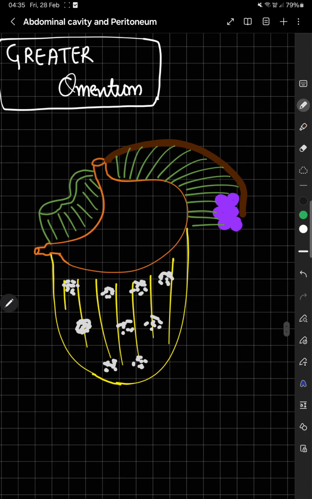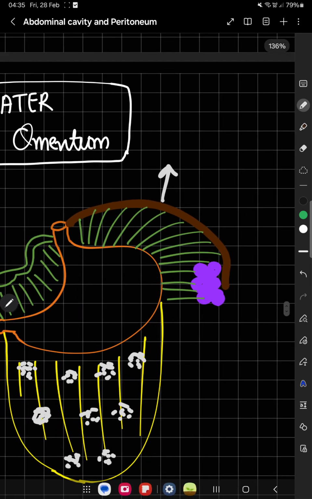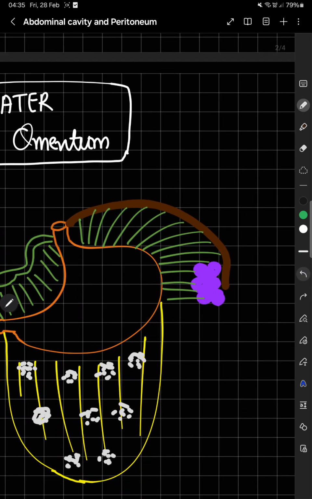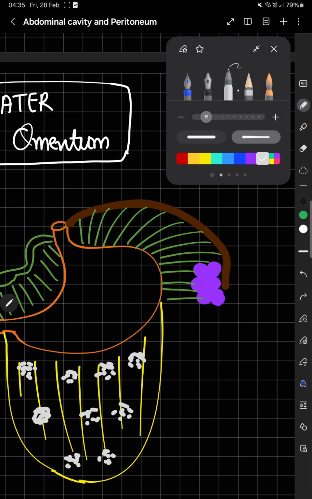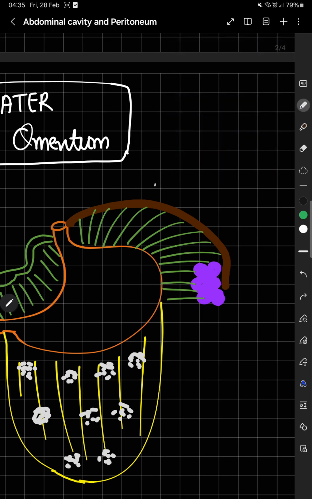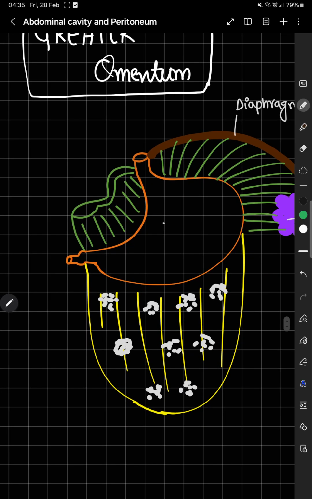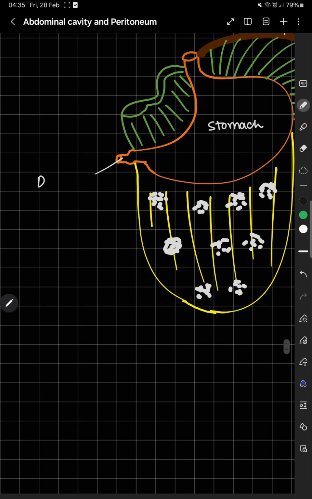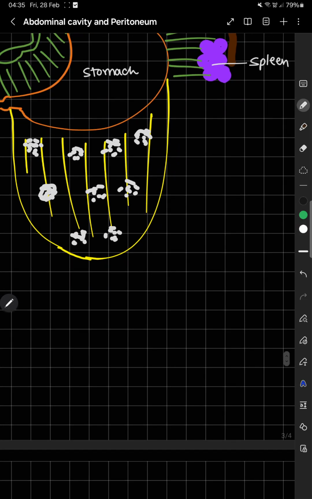So if we come to the labeling right now, which would make half of the things easier. First we have the diaphragm. This is the diaphragm, this is the spleen. This is the whole stomach, this is the duodenum part. This whole great thing you see over here is our greater omentum.